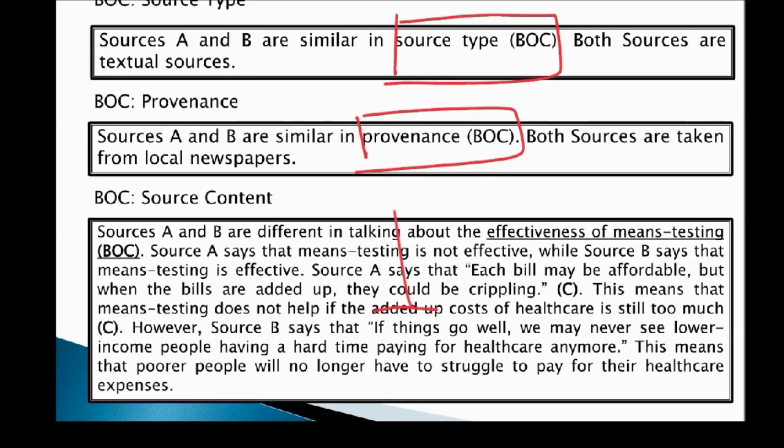Let me introduce you to a new word here. Let me try and write it. It's called accumulated. So accumulated costs of healthcare. Accumulated means you add everything up. Accumulated cost of healthcare is still too much. So this is the answer in the source content.